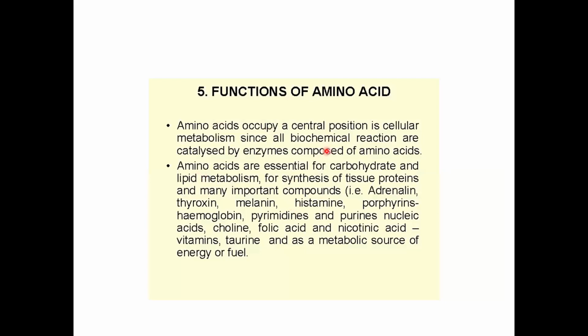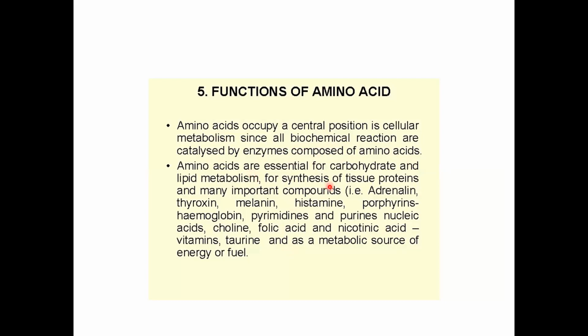If we talk about amino acids, what is their role in cellular metabolism? We can say that all biochemical reactions are catalyzed by enzymes composed of amino acids. This is the most important function along with being structural components. So they have a central role in cellular metabolism. All enzymes consist of amino acids.